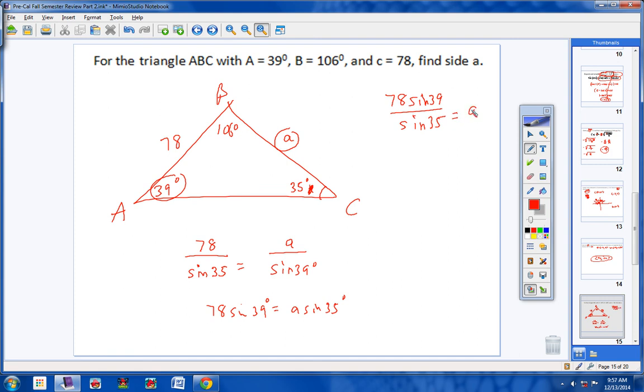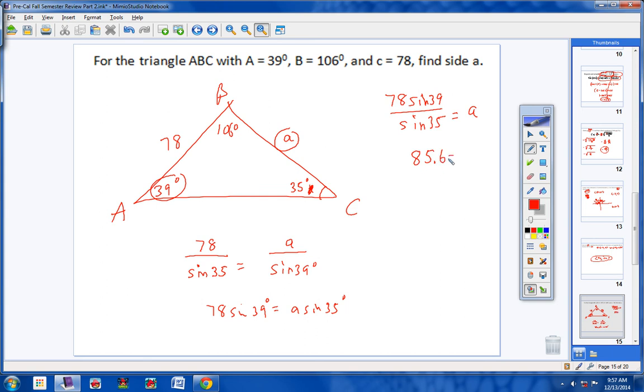Now students, if you don't get the answer that I say you should get, please check your typing this into your calculator. It is very easy to make a mistake, okay? So I'm going to type in 78 sine of 39, enter, and then you'll get 49.0869905, then divided by sine of 35, enter, okay? And you're going to get 85.58. I'm going to put 85.6.